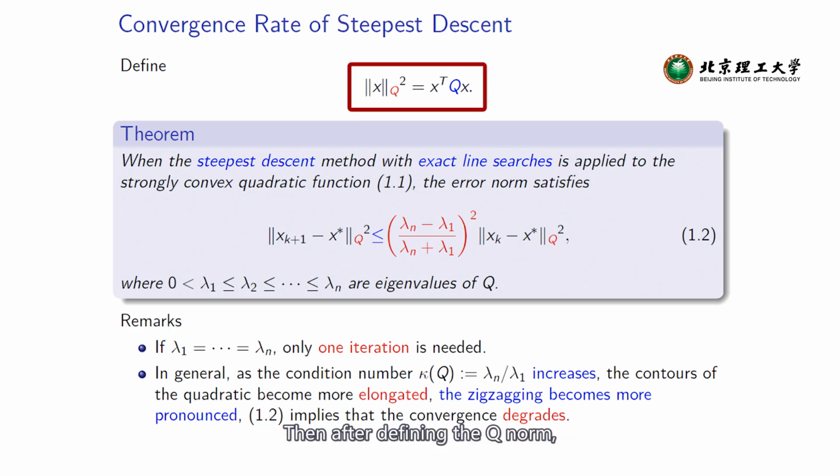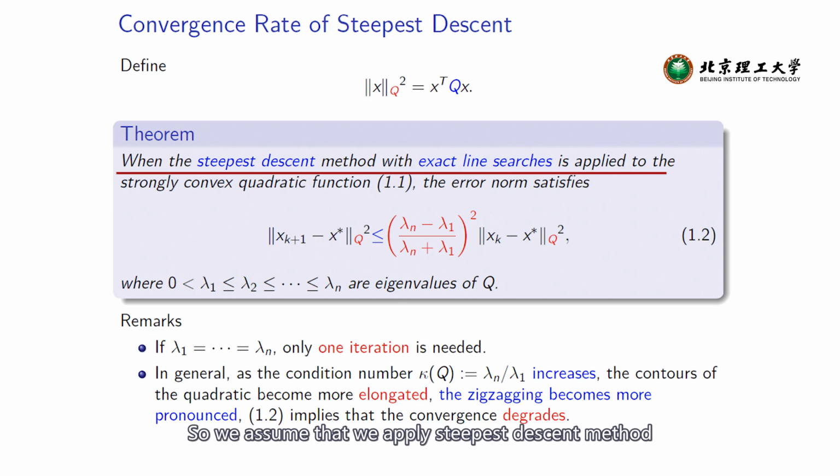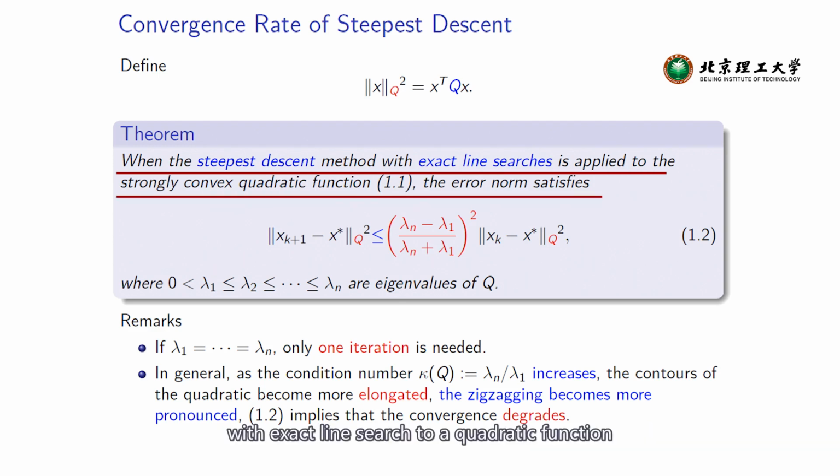Then after defining the Q norm, we can get the following convergence result. We assume that we apply steepest descent method with exact line search to a quadratic function whose Hessian matrix is positive definite. Then the iteration satisfies the following inequalities.